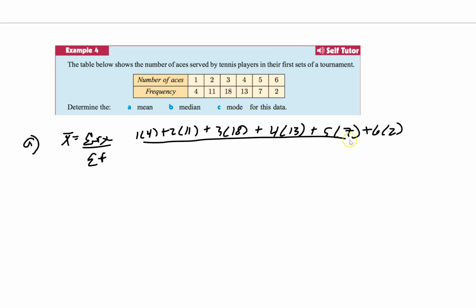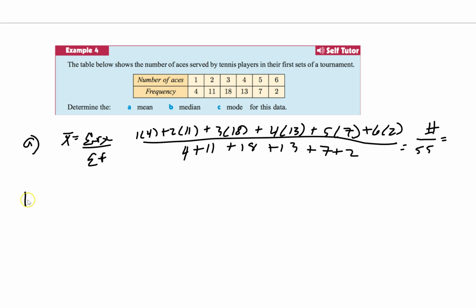And divide it by the total frequency, which is going to be 4 plus 11 plus 18 plus 13 plus 7 plus 2. Then divide those two answers together and you get your mean. That's going to be 55 on the bottom, some number over 55, whatever that turned out to be.